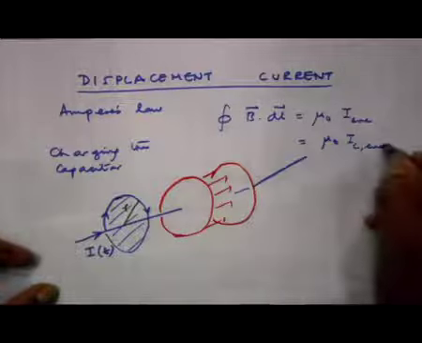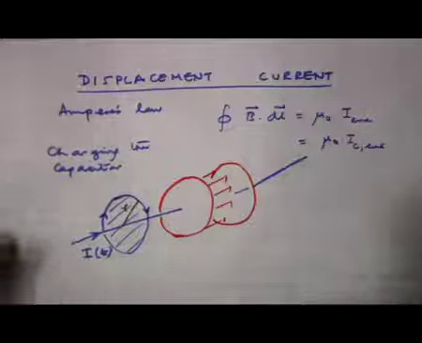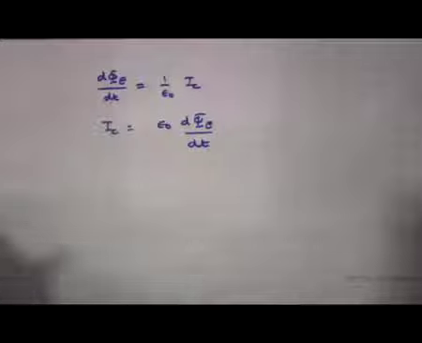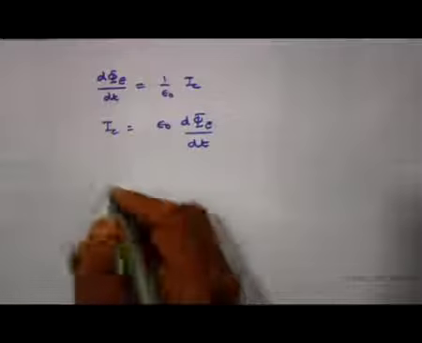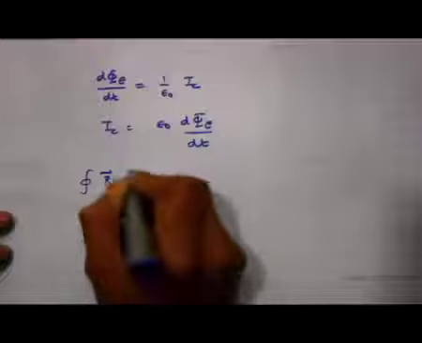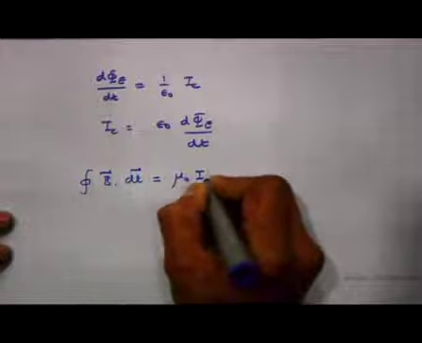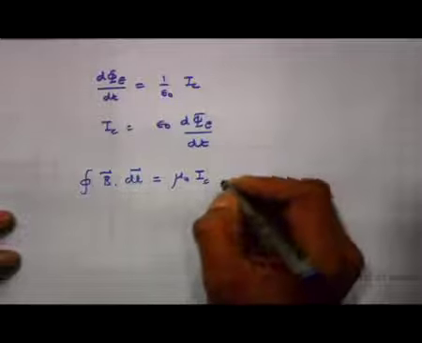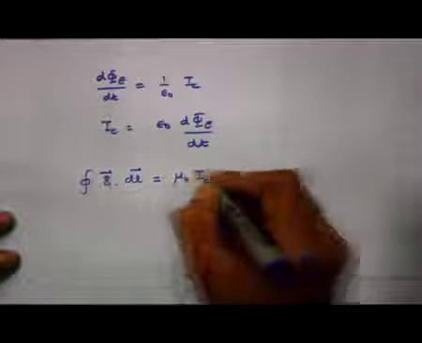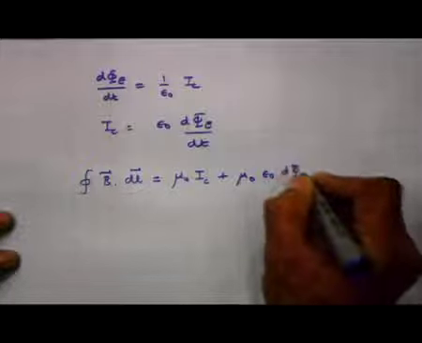C stands for conduction current, and on the right hand side it is always the current which is enclosed, and in this case it is conduction current enclosed. Now, suppose I modify this law to the following: integral B dot dl is equal to mu naught times I c plus mu naught epsilon naught d phi E by dt.